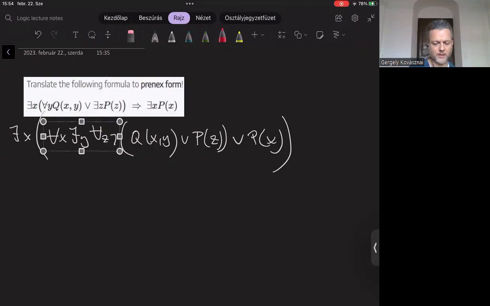Let's start with the first one, for all x, this one. There is a problem with it. Basically, the scope of this quantifier is this guy, or rather together with the negation.